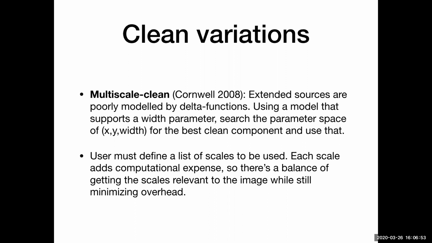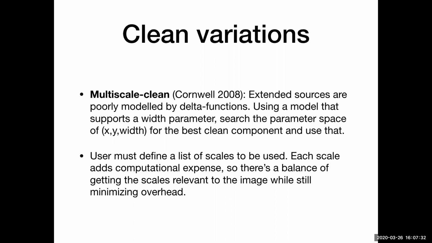And so you can explore that parameter space, identify the clean components for whatever the brightest part of that parameter space is, subtract them off as before, and eventually build up a model image that includes things that have this potential width. And based on the original paper, the standard model is some kind of truncated paraboloid thing. The actual shape isn't really that interesting, but it lets you build up an image out of those models, essentially.